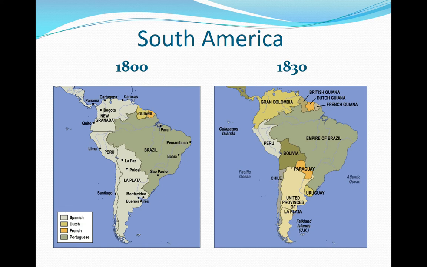On the left at 1800, you can see mostly Portuguese and Spanish territories, but as we head over a few decades to 1830, you can really see how it has begun to split up, right? You can see some of these countries in the north having split away from Spain. You also see a few other countries that we begin to know as independent nations, and that's a big deal.